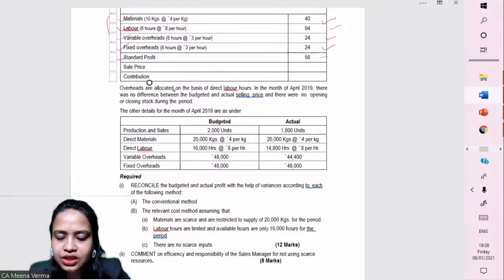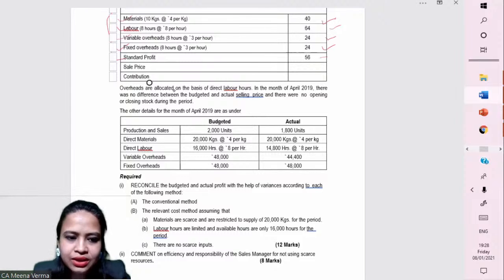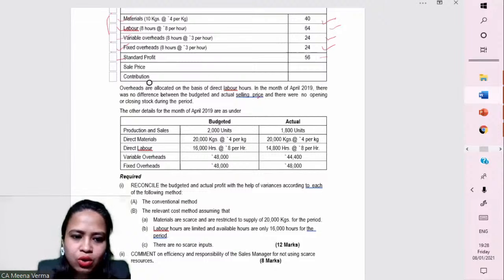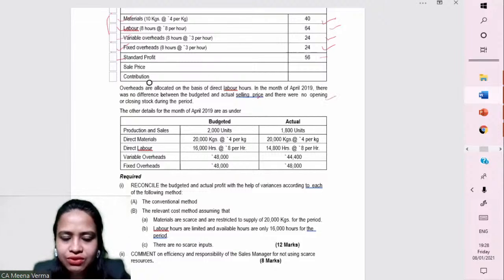In the month of April 2019, there was no difference between the budgeted and actual selling price. And there were no opening and closing stock during the period. So they have clearly given you some information here.